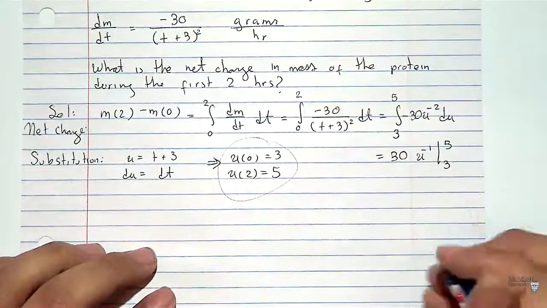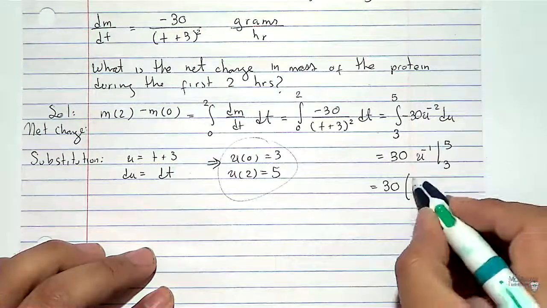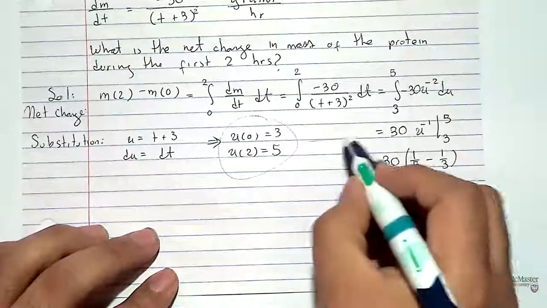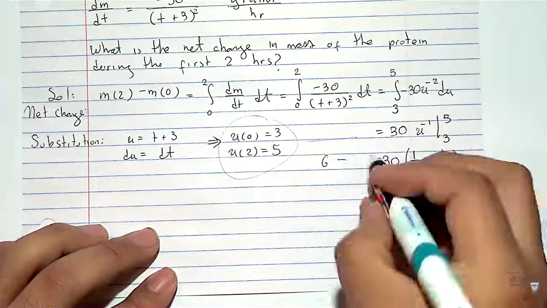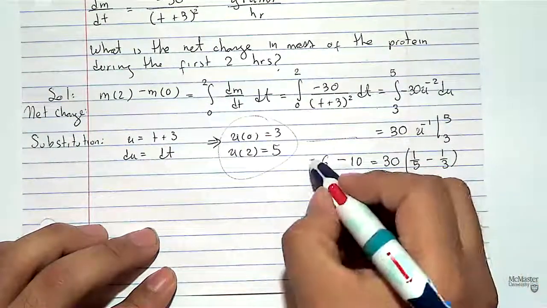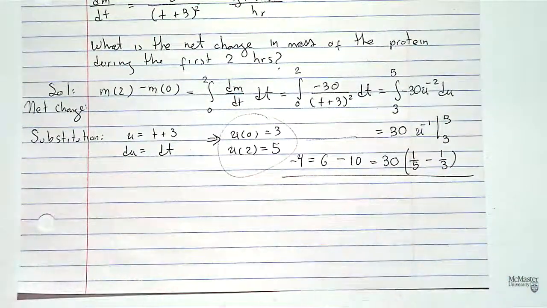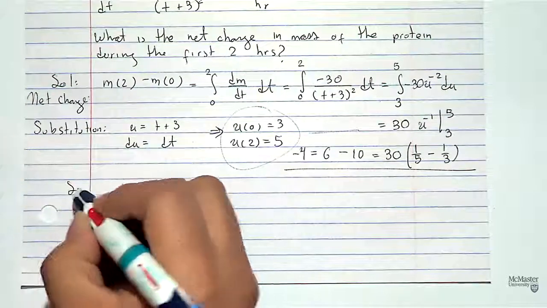Then this would be equal to 30 times (1 over 5 minus 1 over 3). You can actually do the multiplication, which is 6 minus 10, and then this is equal to minus 4. Okay, we have a convenient fact.